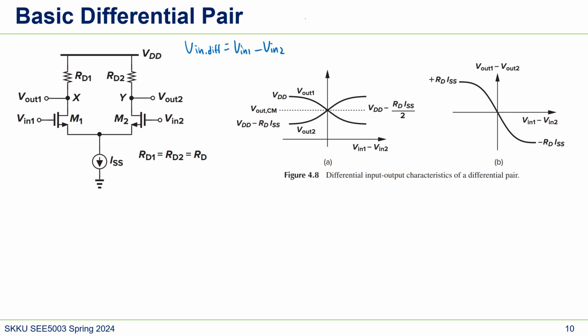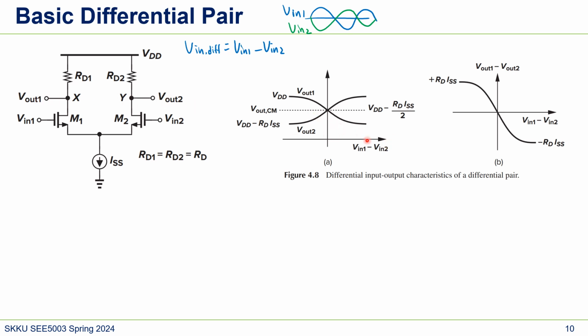If V in 1 swings like this, then V in 2 is the opposite. They're in opposite phase and of equal amplitude. First let's see how V out 1 and V out 2 change.